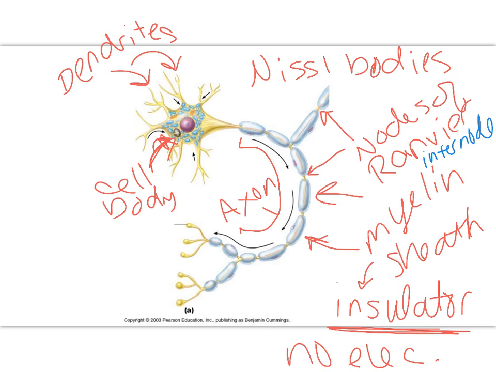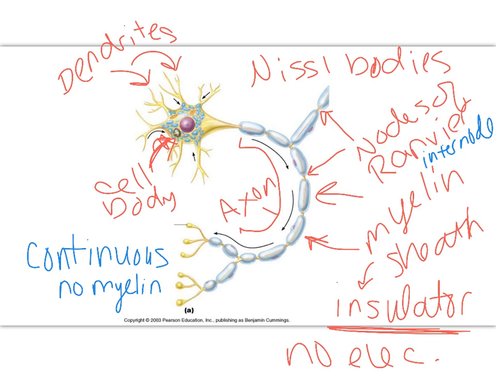So we end up with two types of conduction that are possible for the nerve cell. The nerve cell can have what's called continuous conduction. Continuous conduction happens on nerves that have no myelin, so the action potential has to travel all the way down the neuron, touching and depolarizing every bit of the axon.